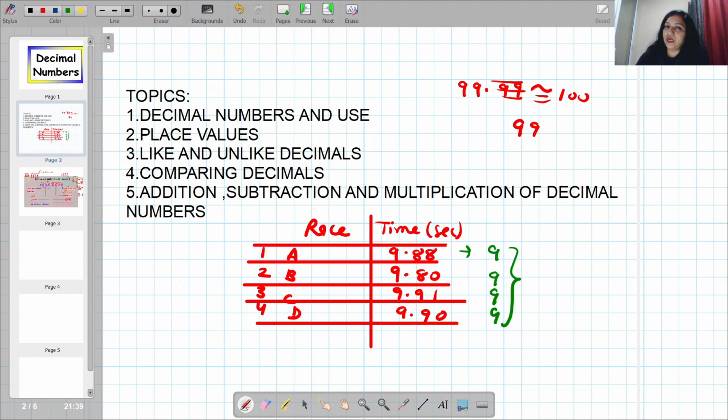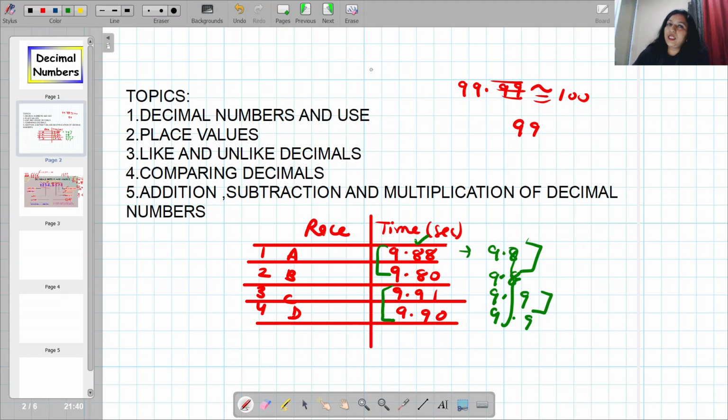If I take only one digit to the right and not the second digit, these two are the same, and these two are the same. The first person will be taking 9.8, second 9.8, third 9.9, fourth 9.9. Again, we won't be able to decide who is the winner. So that means there is a significance of the digit to the right of the decimal as well.